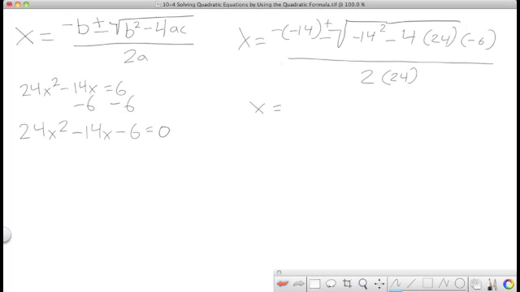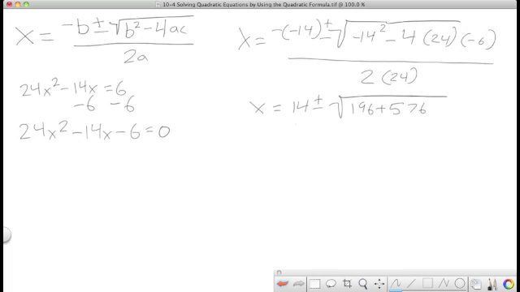X equals negative 1 times negative 14 is positive 14, plus or minus the square root of negative 14 squared is 196, and negative 4 times 24 times negative 6 is going to be positive 576.